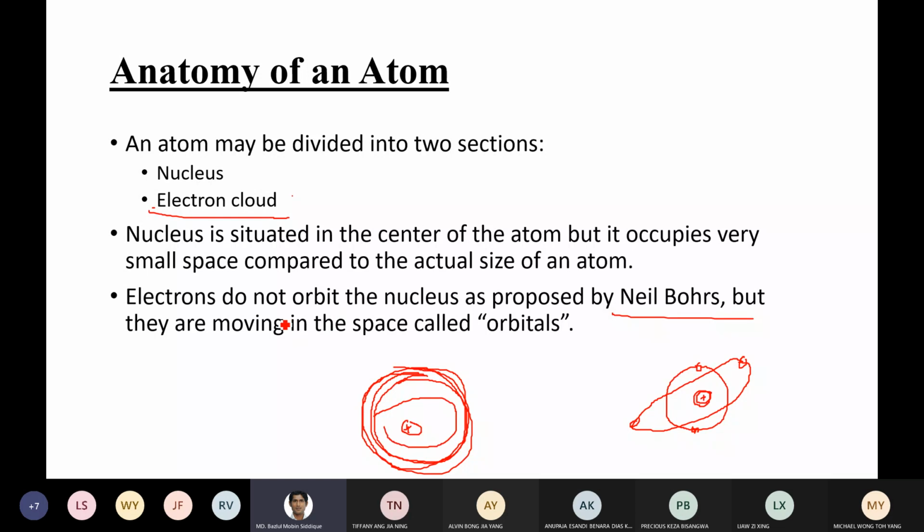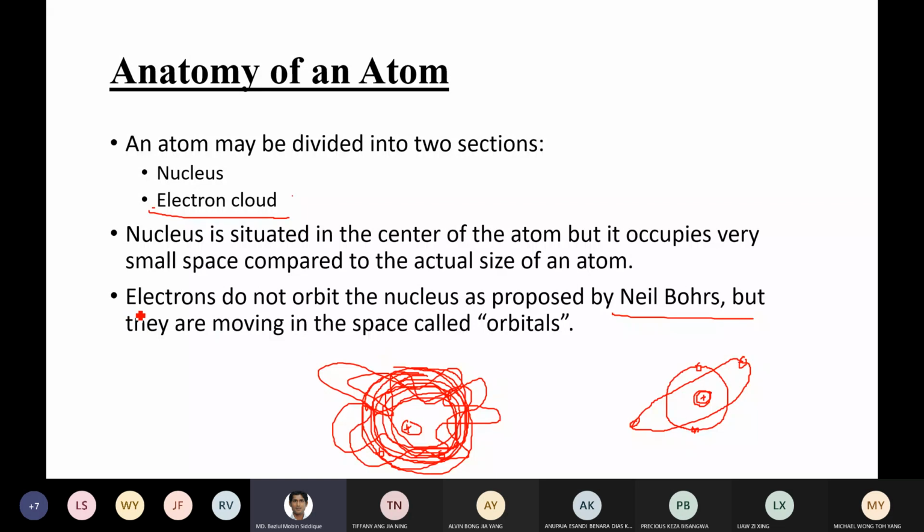You can find the electron anywhere in that cloud at any moment. The electrons come close to the nucleus and go out and then come close again. This is what we call the electron cloud, and we can find the electrons in that cloud with some certainty. Okay.